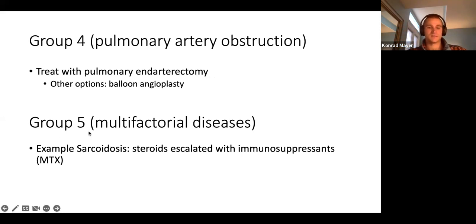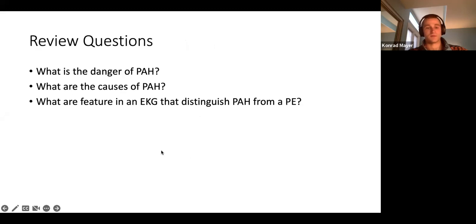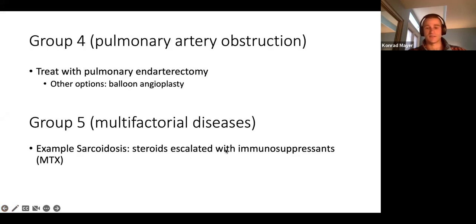And then the last group, as I mentioned, is this unclear group defined by the WHO, and includes diseases such as sarcoidosis. The treatment of sarcoidosis is steroids, which can be escalated with immunosuppressants, methotrexate, and the therapy for sarcoidosis can also include TNF-alpha inhibitors and many more, but I think that's a topic for the sarcoidosis lecture.